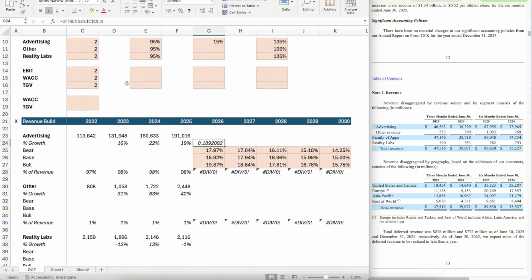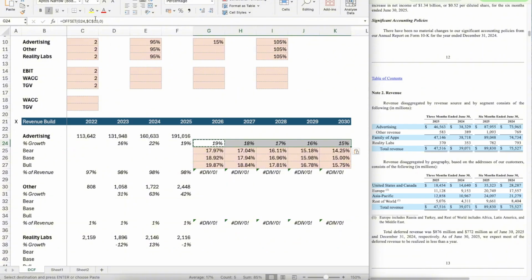So what we do here is, because we want to use these switches, 1 is bear, 2 is base, and 3 is bull, we use this function called offset, and it means that when we toggle the switches, it can move the revenue based on whether we're simulating a bull, base, or bear. I'll show you now. To forecast the revenue out, we take the previous year and multiply it by 1 plus the growth rate, and then copy that along.